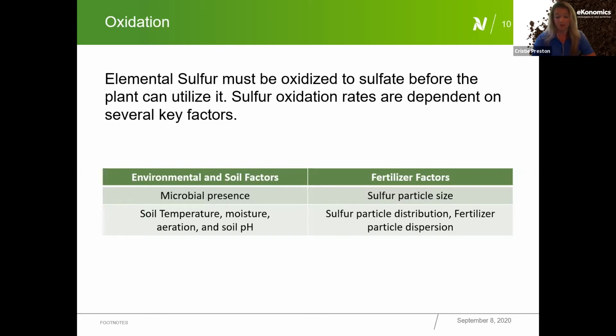Now, more specialty products on the market have smaller particle sizes, so you should potentially see those oxidation rates increase because you're increasing the surface area. We could talk more at a different time about sulfur particle distribution in the fertilizer, but as long as you're maximizing the fertilizer to soil contact, you should see higher oxidation rates as well.